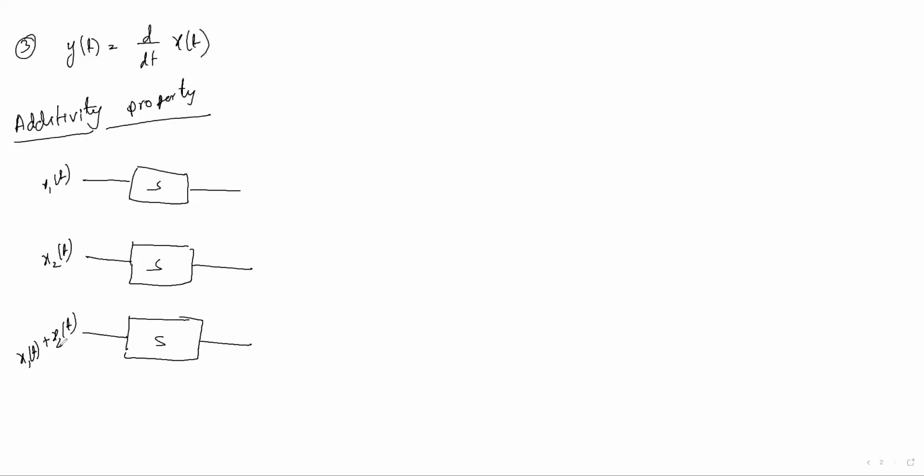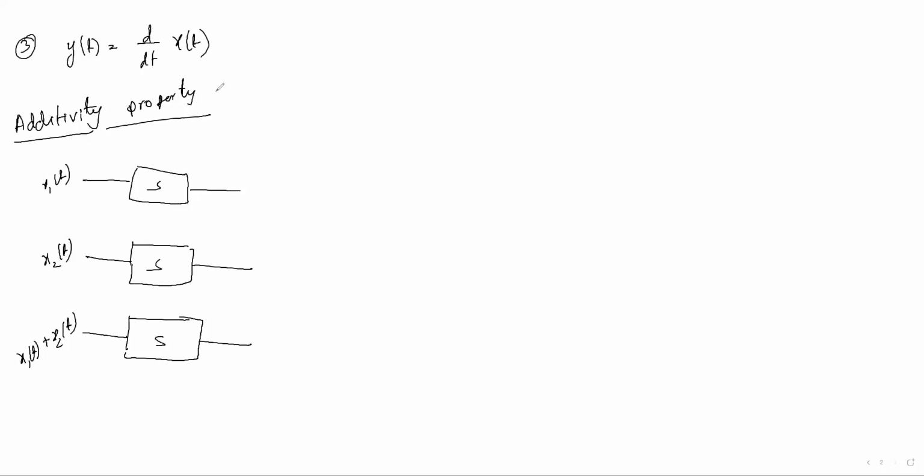Does it satisfy the additivity property? Yes, sir. Then you check the homogeneity property. Both the properties should be satisfied, then only we can say this is a linear system.